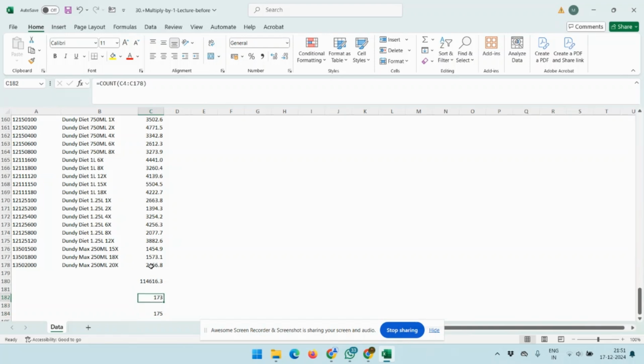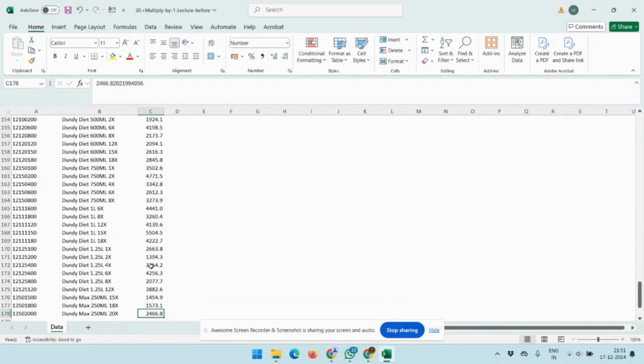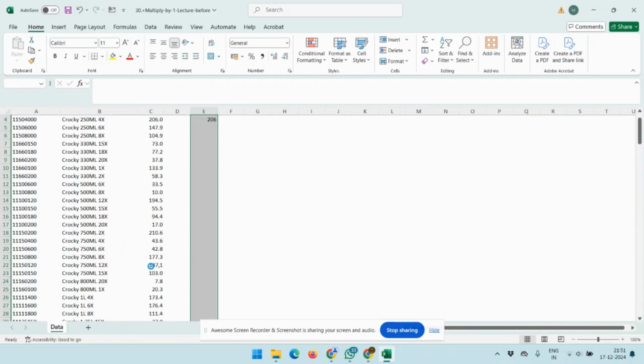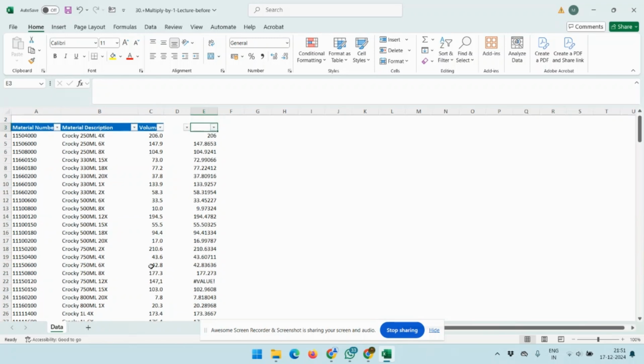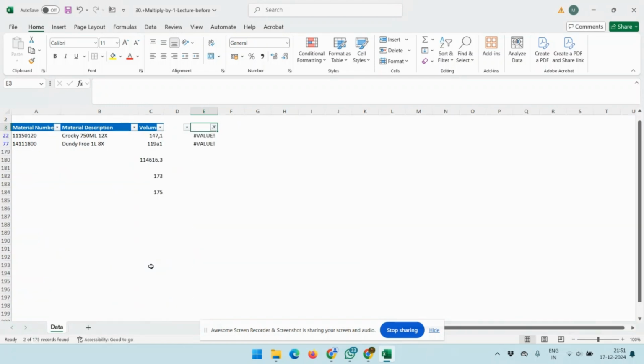So firstly we can identify it like this, and the second trick is you just have to multiply by 1. When we do this, we can find the value or NA here.